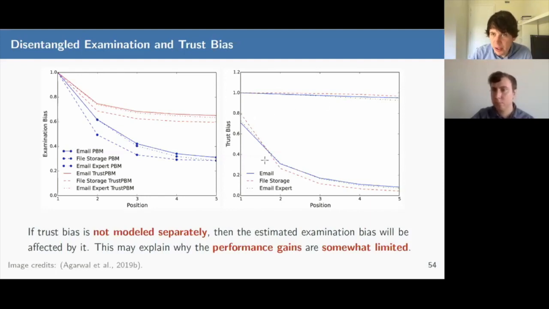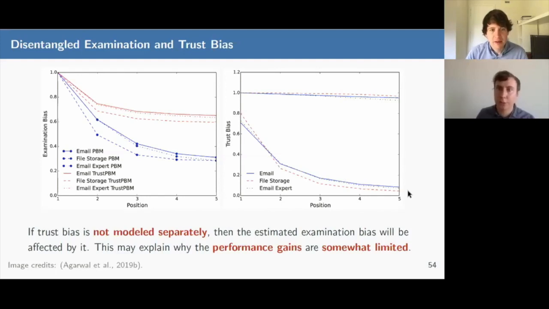Now, if we look at the incorrect clicks, the clicks on non-relevant documents, we see that a lot of these occur on the first position, and then we have a very quick, steep drop. So we expect a lot of incorrect clicks at the start, and then much less. So the effective trust bias seems to be quite strong.